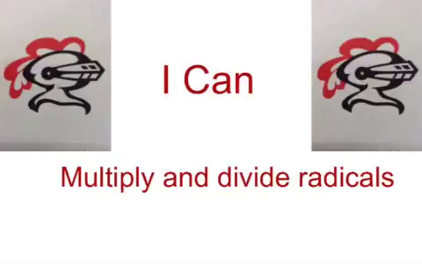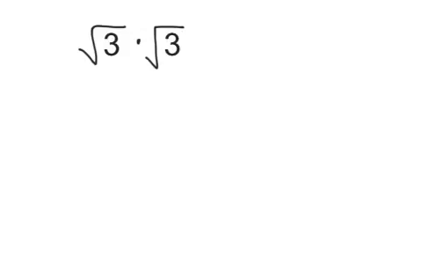So, after today's lesson, Daisy, you're going to be able to multiply and divide radicals. Let's start. When you multiply radicals, in this case, root 3 times root 3, that's going to give me root 9. What's the square root of 9? 3.